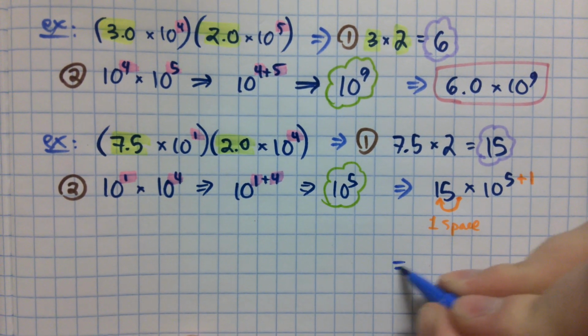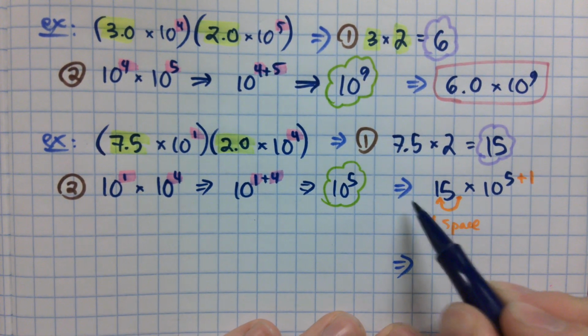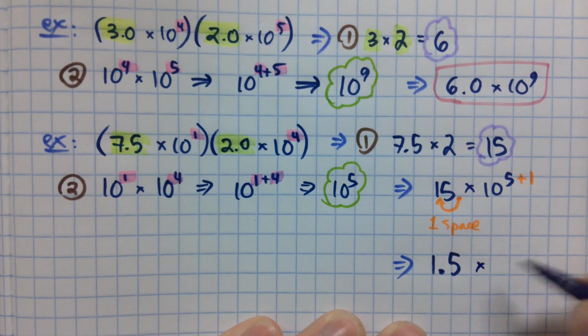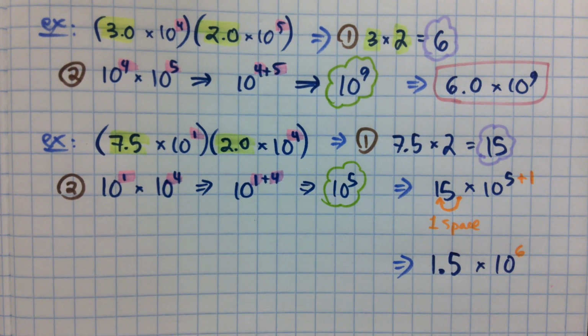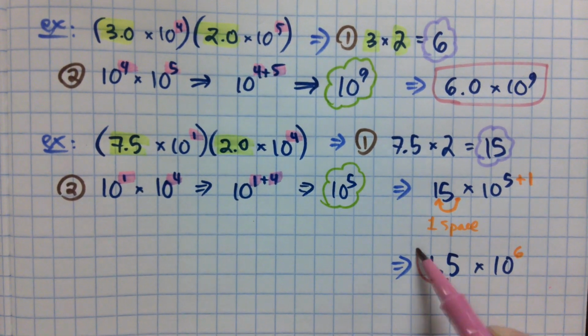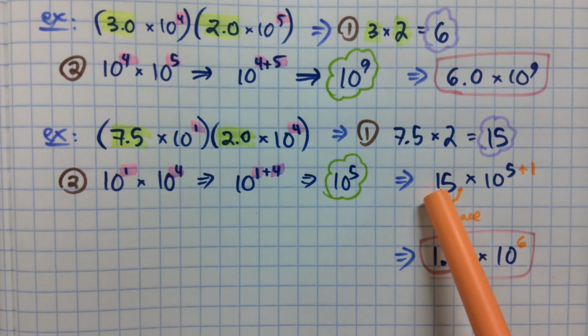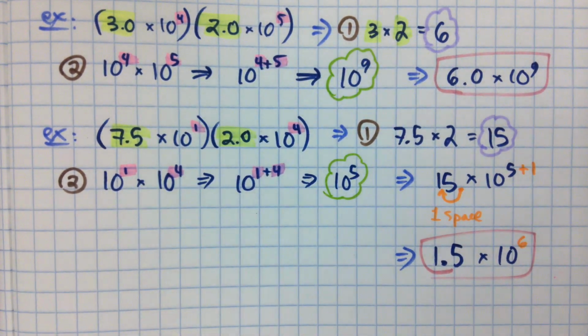So the answer here, not 5. What's my new leading number? 1.5 times 10 to the 6th power. Just like that. That's how we use step 3. 10 times out of 11, you are only going to have to move this decimal 1 space. So you're only going to need to add 1 to that power. Okay?